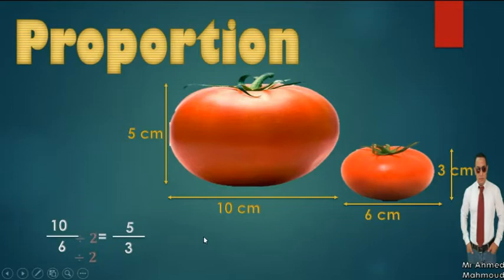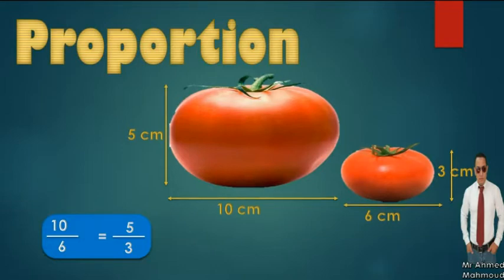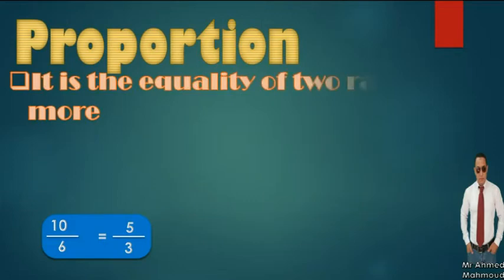Now I can state the definition: the proportion is the equality of two ratios or more. If we have two or more ratios that are equal, then this form is called a proportion. I have explained the meaning of proportion in the pictures as I explained in the last picture.